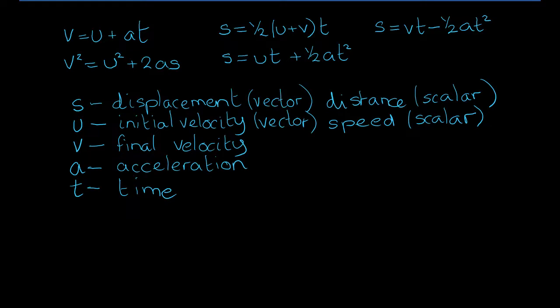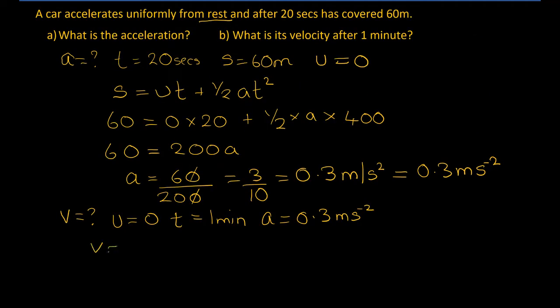It has exactly that. So v equals u plus at. That's what we're going to use. So u is nothing, so we won't bother with that. So we've got 0.3 times... Now be careful. The acceleration is in seconds, the time is in minutes.